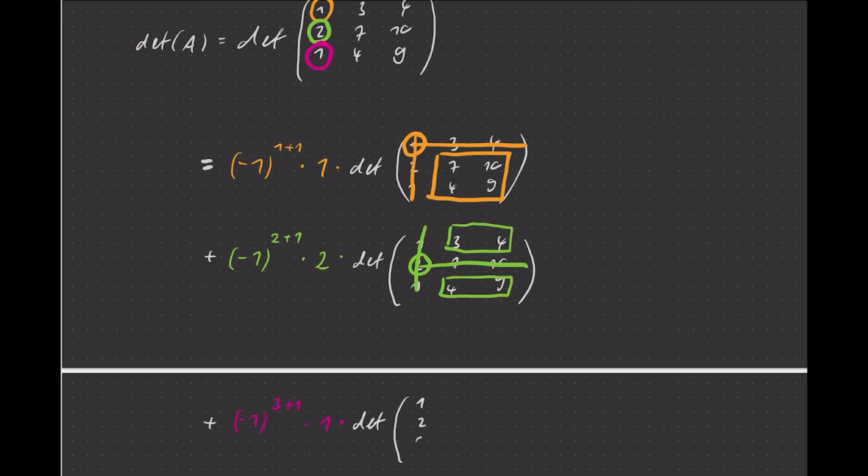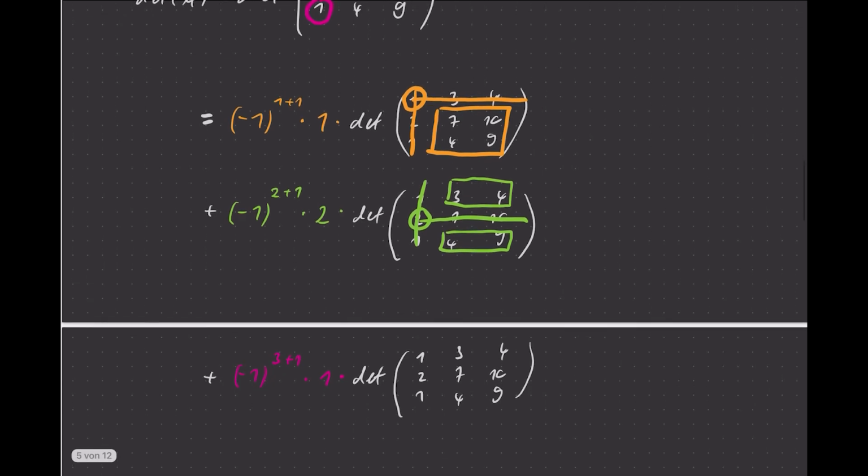So 1, 2, 1, 3, 7, 4, 4, 10, 9. And we'll remove what corresponds to this entry. So we'll remove the first column and we'll remove the last row. And that means this part here is what remains.